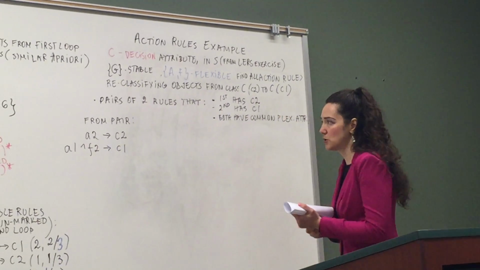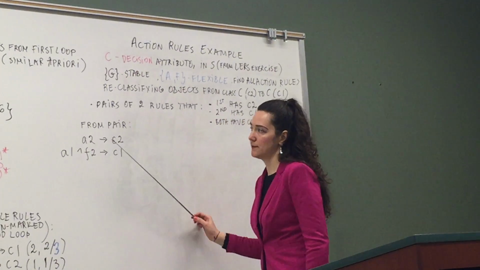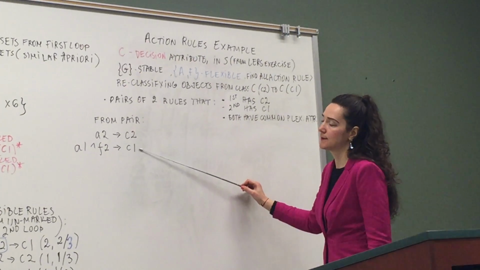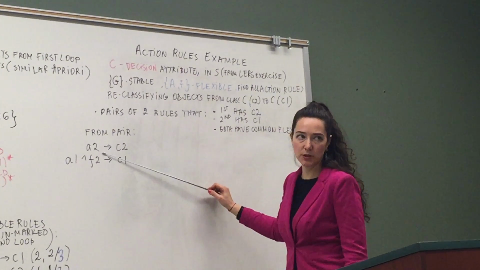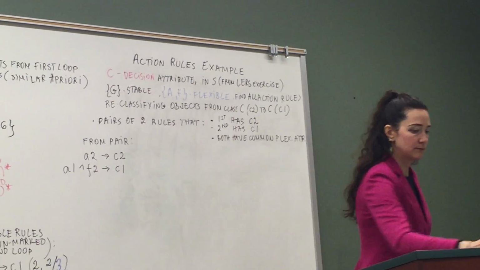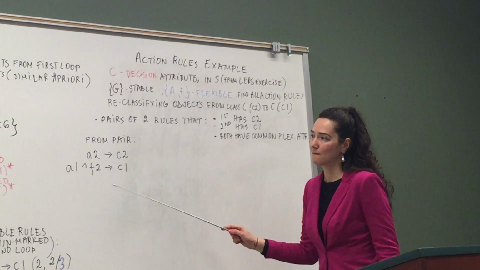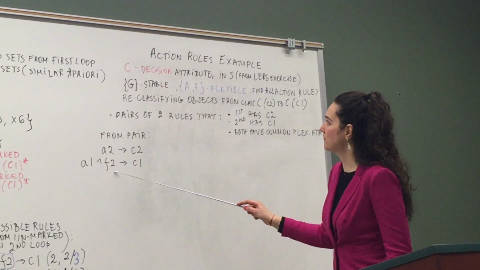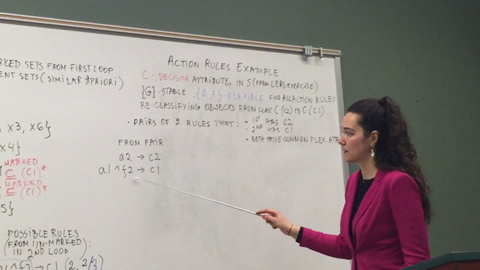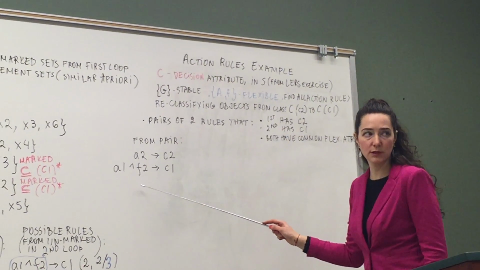From the pair of these two rules, we can compose the action rule which says if we want to change from C2 to C1, then A has to be changed from 2 to 1. How about F? F needs to be equal to 2. That's what the rule is saying.